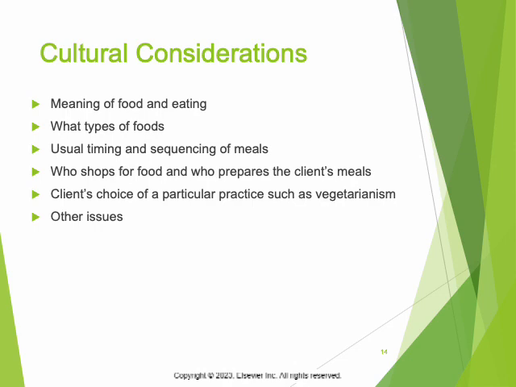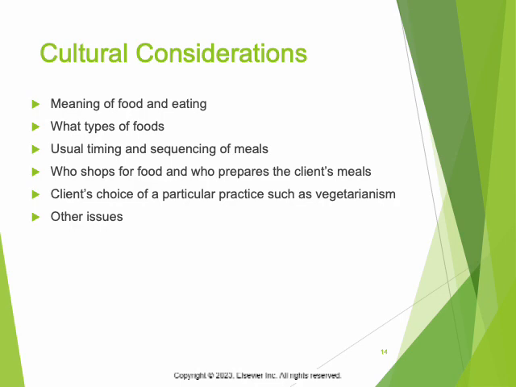So some of the things that you can ask are like, what nutritional factors are influenced by your cultural background? What's the meaning of food and eating? What do you usually eat? And what's the usual timing, sequencing of meals? So not only do we want to think about what they eat, but how often and when. Also, what does your patient understand as being a healthy food versus an unhealthy food?